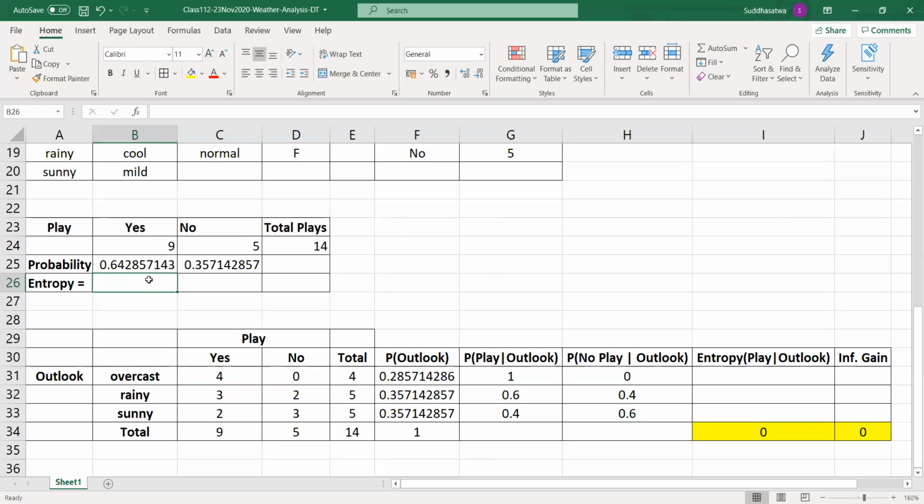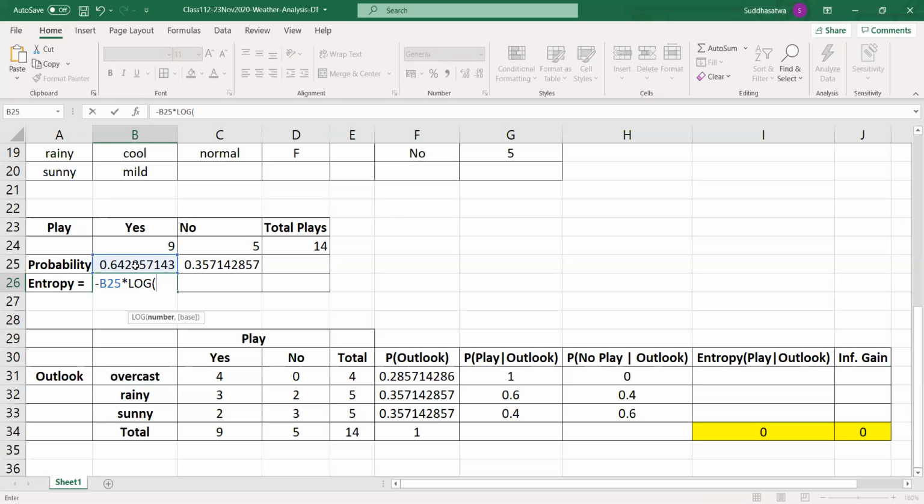Now to calculate the entropy, using the same formula which we saw in that website, if I simplify that formula, what comes out is, if yes is my positive class, then I have to take minus of the probability of the positive class, which is this, multiplied by logarithm of, in Excel, the log formula refers to log base 2.